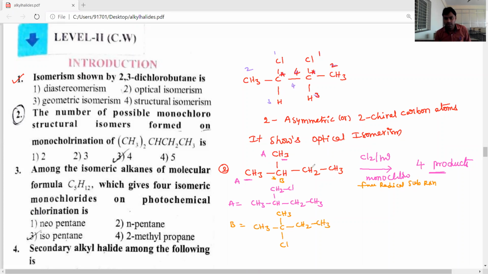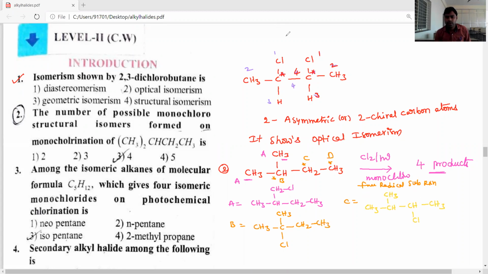This is B. Now this is C, at this secondary carbon, and this is the D product. So a total of 4 types of product will form. C is CH3, CH, bond CH3, bond CHCl, bond CH3.